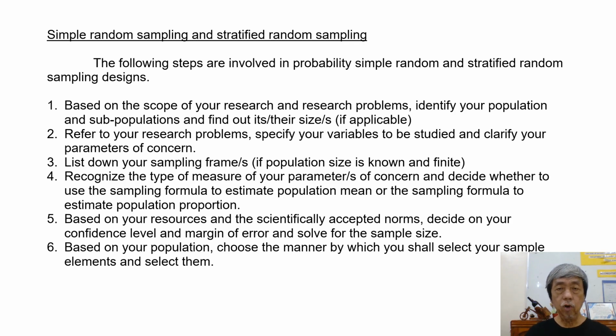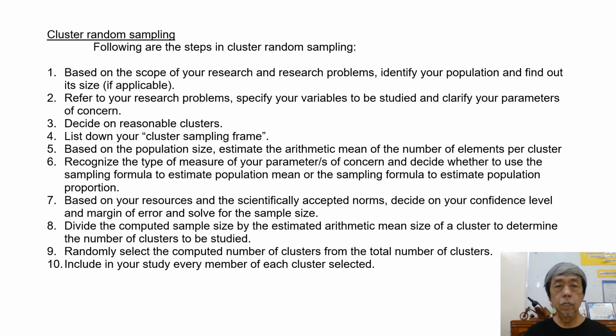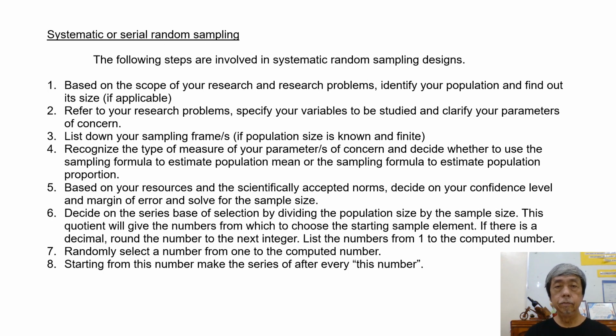These are the steps involved in simple random sampling and stratified random sampling. Following are the steps in cluster random sampling. And the following steps are involved in systematic or serial random sampling.